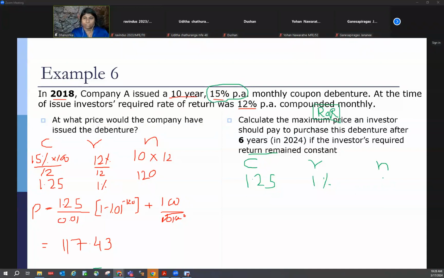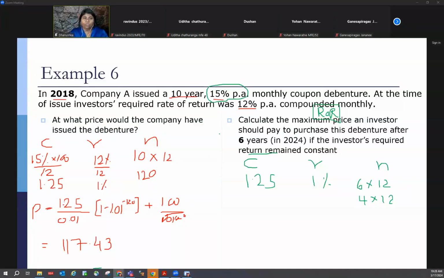Only N changes. Now the big question is, is N 6 into 12? Or is N 4 into 12? 6 years have passed. 6 years later, we're looking at what is the price of this debenture. So what is N? Is it 6 into 12 or 4 into 12?